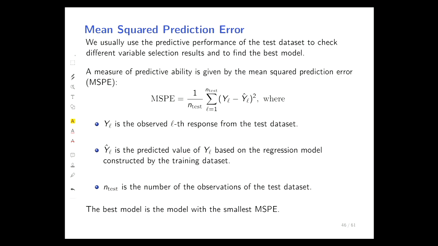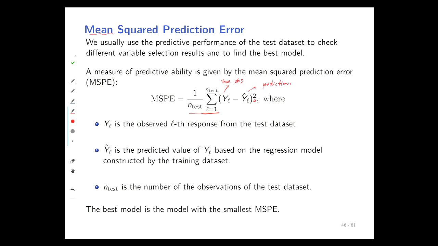In order to obtain the mean square prediction error, literally from the name: firstly we have the mean, so that means we have an average. Then the squared prediction error, so we have the square, and also the prediction error. Here YL is the true observation, and YL hat is our prediction.